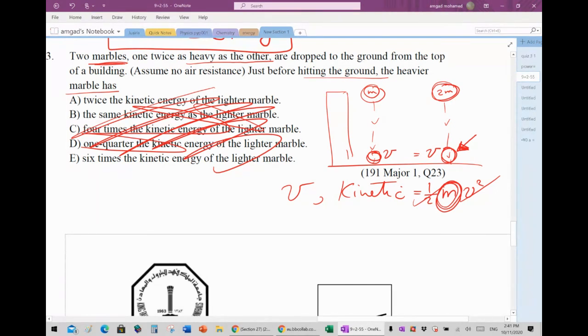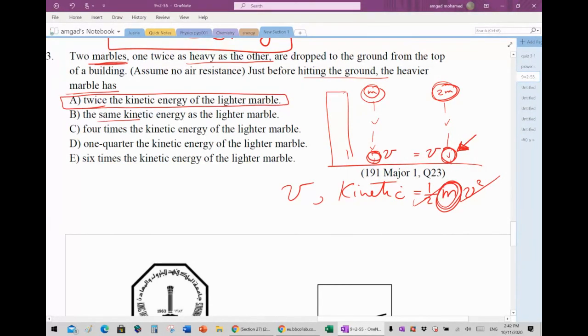Let's now look and see what the choices are. The heavier marble has twice the kinetic energy as the lighter one. That's right. Same, of course not. 4 times, no. A quarter, no. 6 times, of course not.